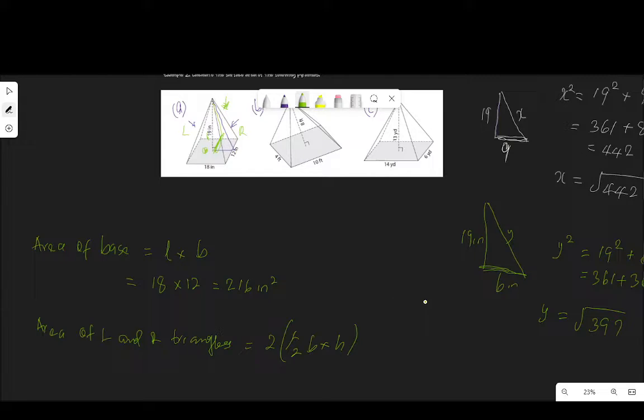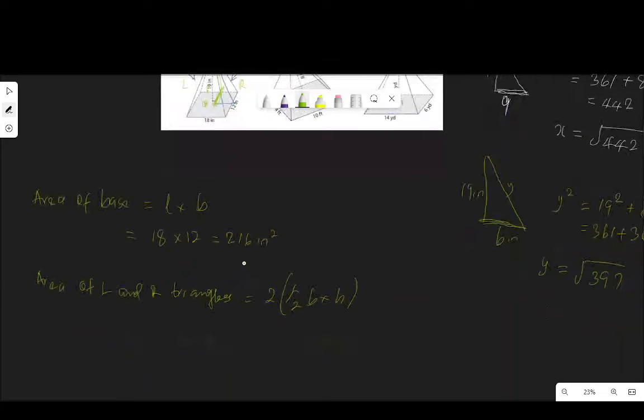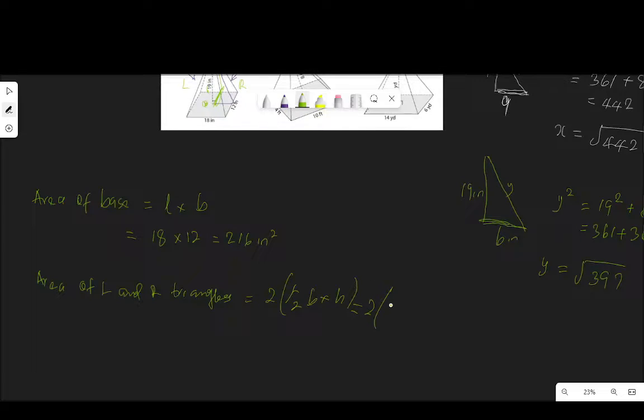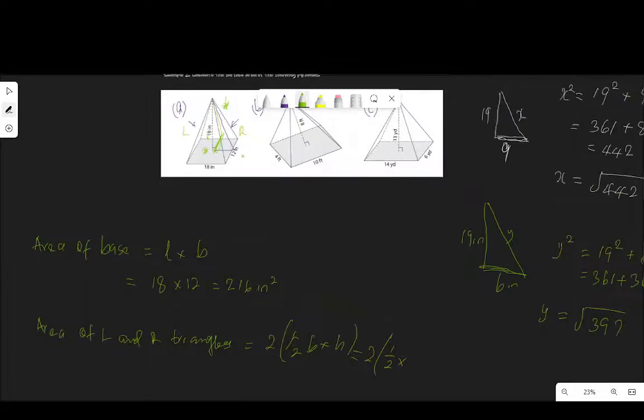The area of a triangle is half base times height, and there are 2 of them. That is why we have to multiply by 2 there. And that would be 2 times half times the base of the triangle, which is 12 inches.